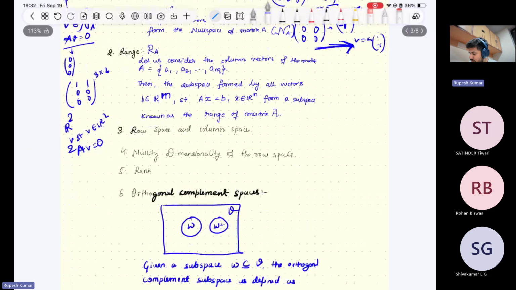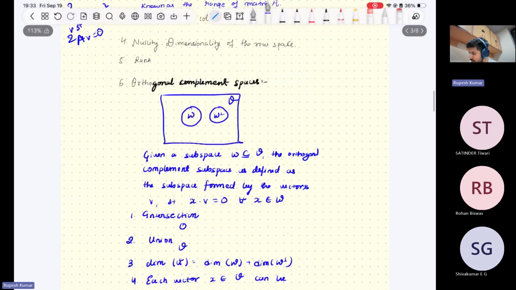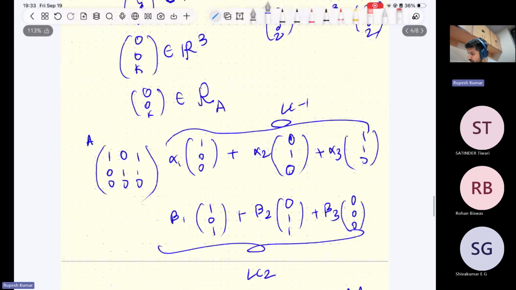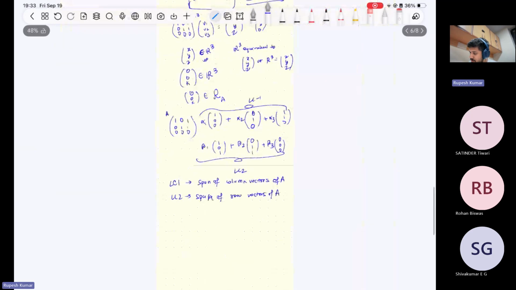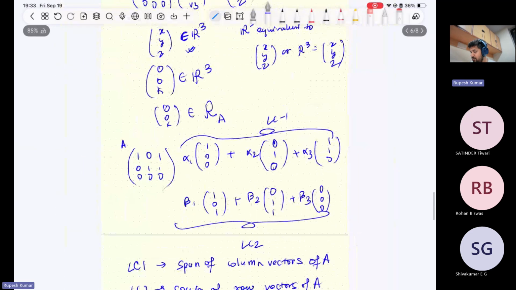What is the row span and column span? So essentially this is it. What is the span of these three vectors and what is the linear combination of row vectors? You will get their spans. Is this clear?